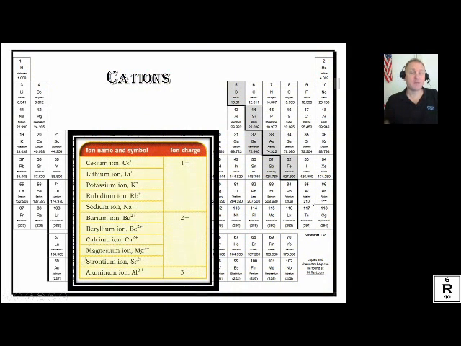But you don't have to memorize that. You use your periodic table. So if you take a look at all the 1 positive cations, cesium, lithium, potassium, rubidium, sodium, they're all right here. Lithium, sodium, potassium, rubidium, cesium, and francium. They're all in the first column, because in the first column, again, it's easier.